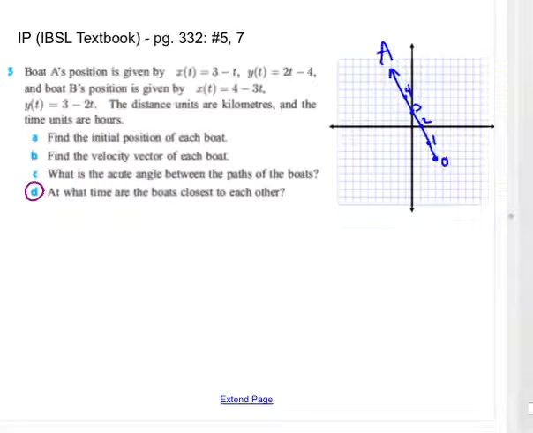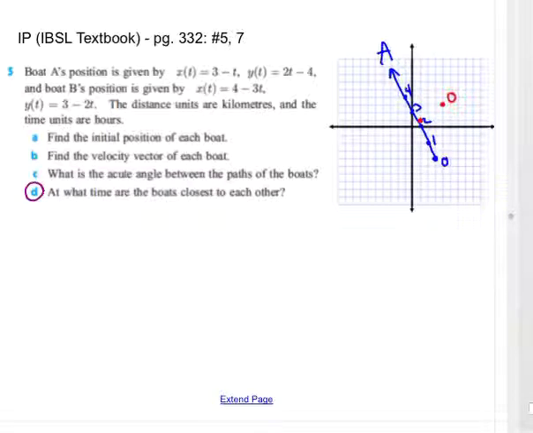Boat B, however, starts at what point? 4, 3. And it's moving to the left 3 and down 2. So 1, 2, 3, 1, 2.